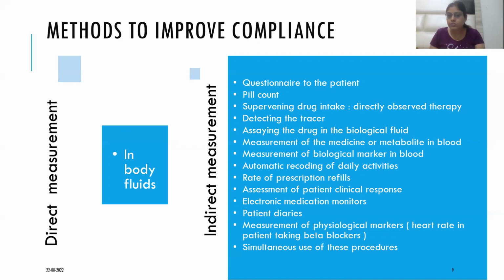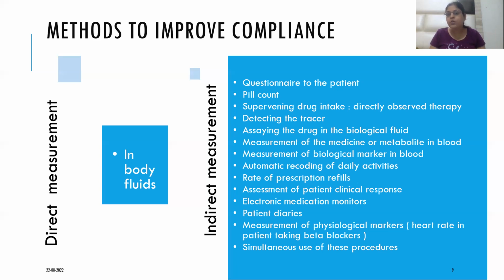Now, electronic medication monitors: just like how we can know the opening and closing of the lid of the containers containing the pills, and how many times the canister has been pushed, how many times it has remained open, we can calculate it.